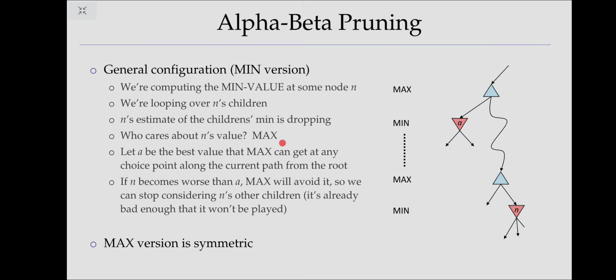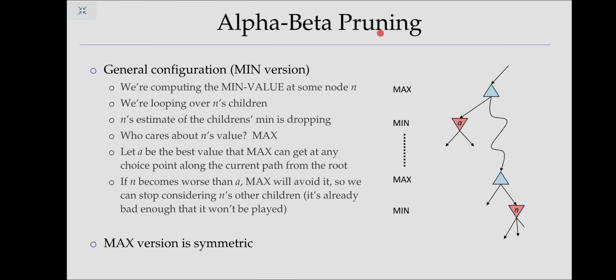Because of that, we define alpha-beta pruning. Alpha-beta pruning contains 2 versions: one version for the min player and one version for the max player. In this slide, I explained the min version.